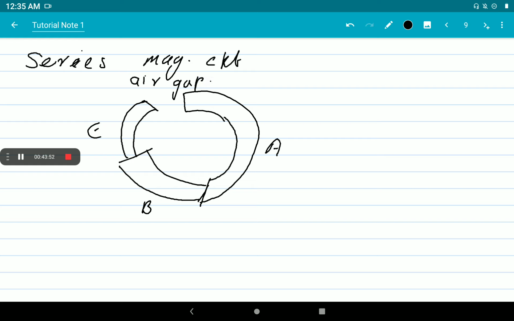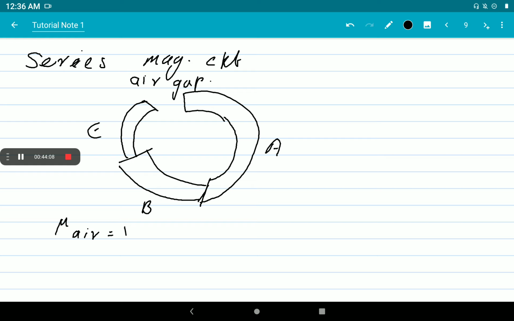Consider this as air gap. So it consists of three different materials having different magnetic permeability, and you know that permeability of air is always equal to 1, nearest 1.